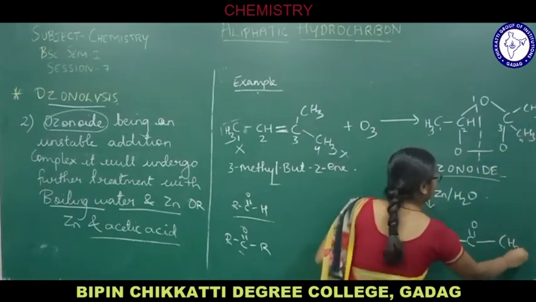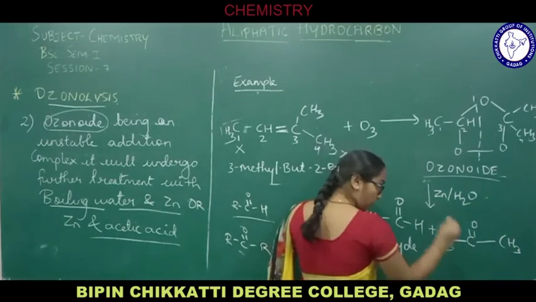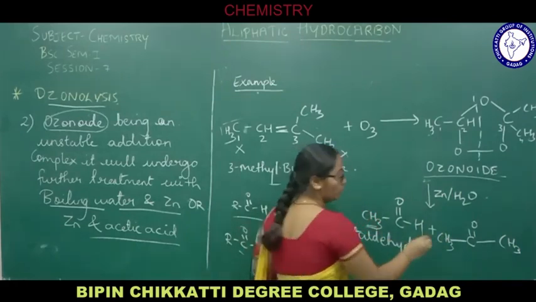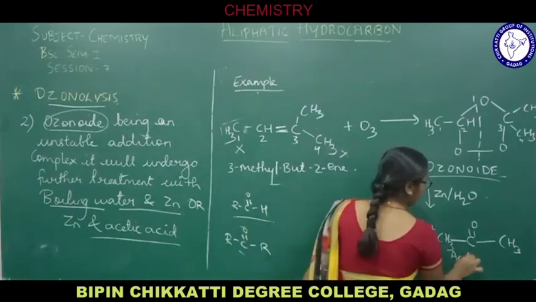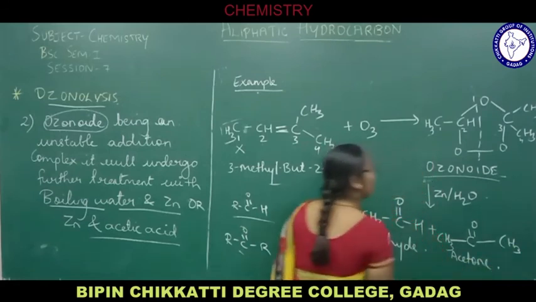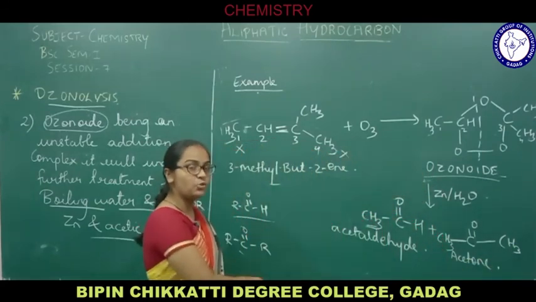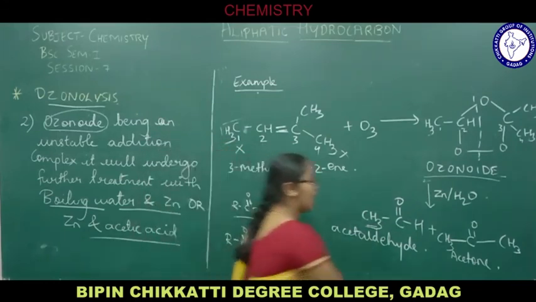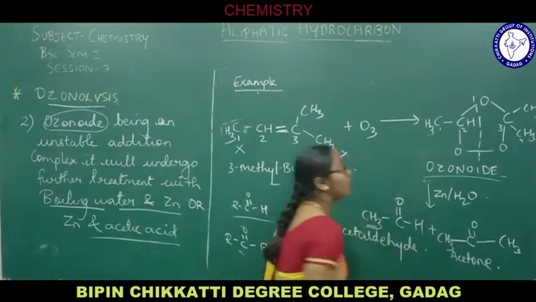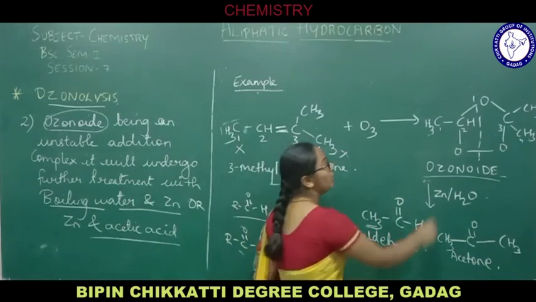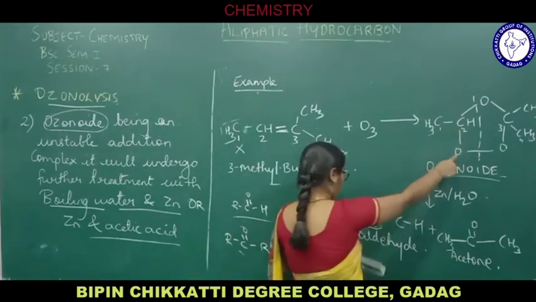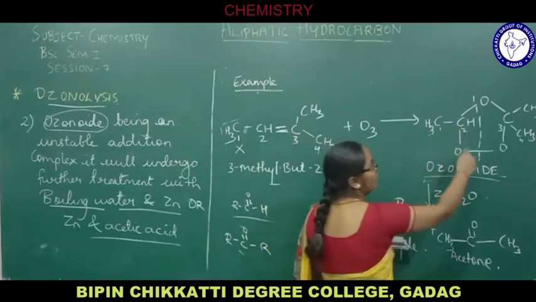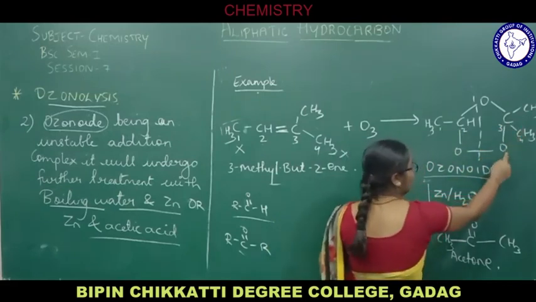These combine in this manner to form a ketone whose name is acetone. The name of this ketone is acetone, which I wrote initially. Then here CH3CHO one, and here CH3 twice, O one.